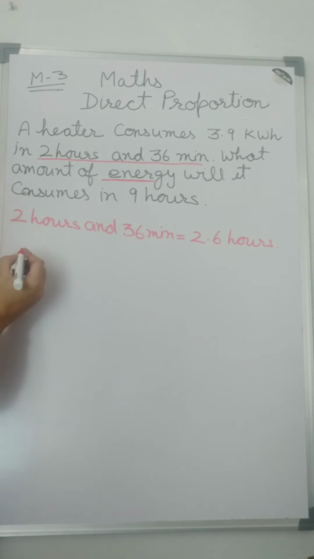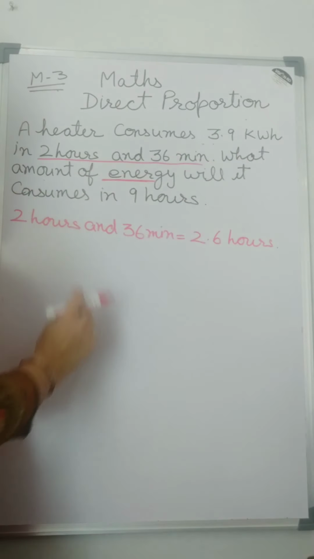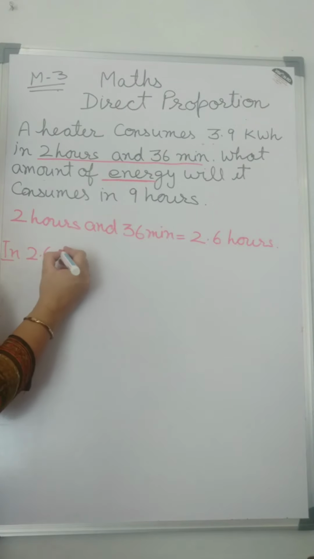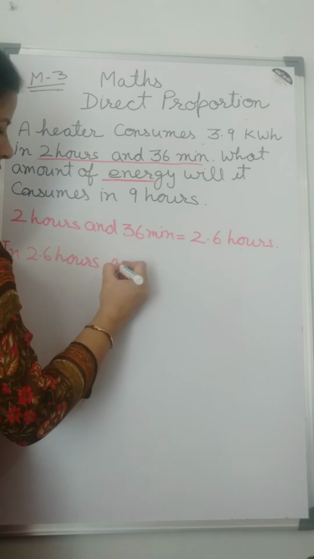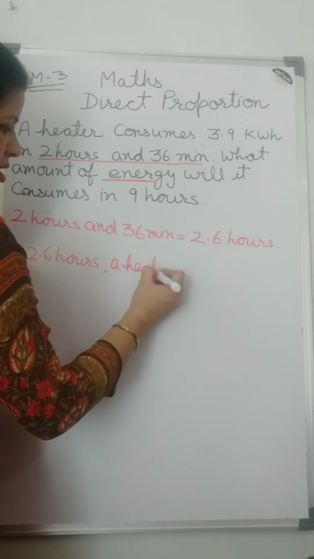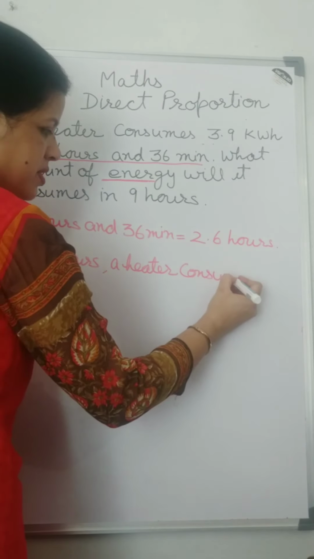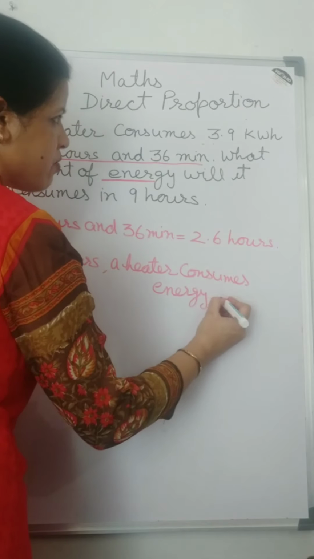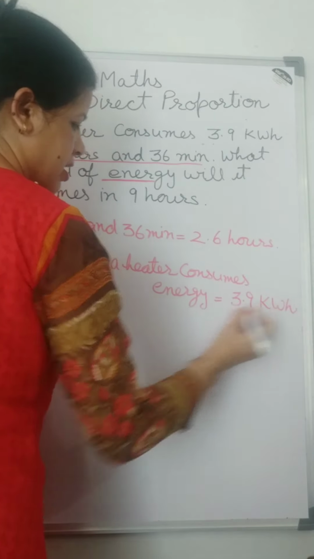So here we have to find the value of energy, so we write down energy on our right hand side. How do we write? In 2.6 hours, a heater consumes energy equal to 3.9 kilowatt hour.